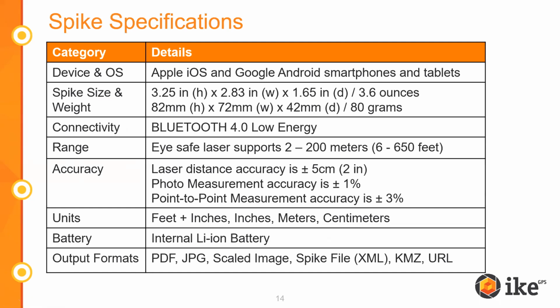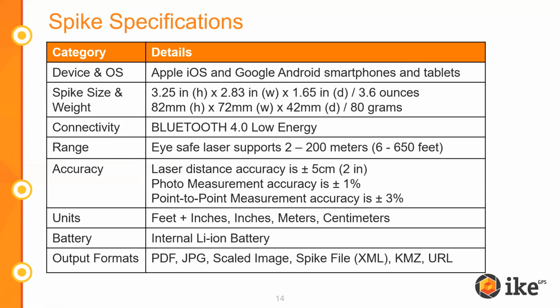And the reason for that is, and you'll see, we use a reticle to aim the laser on the screen. The reason that we do it that way is that the range of the laser is so far, 200 meters or 650 feet. You'd never be able to see a red dot anyway at 650 feet away. So how do we allow people to accurately target something? We use a reticle that's on screen to do that.